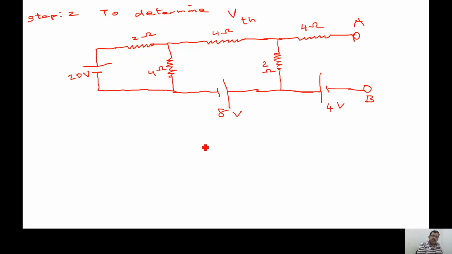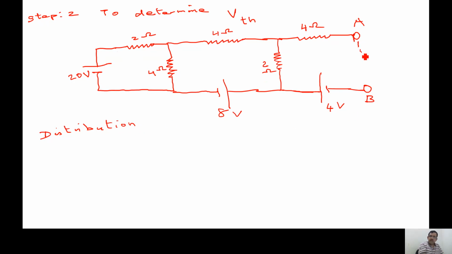Now to determine VTH, how do I get VTH? That is the idea. The first thing I need to do is the distribution of currents for this first step, because I want to find across this.